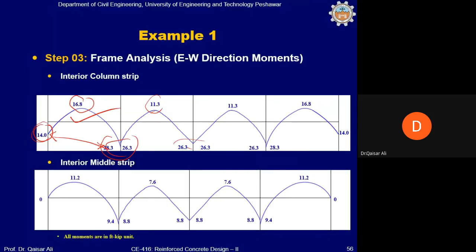For negative you can sometimes, but for positive it will be difficult. It will always be good to use one bar diameter in all the spans.